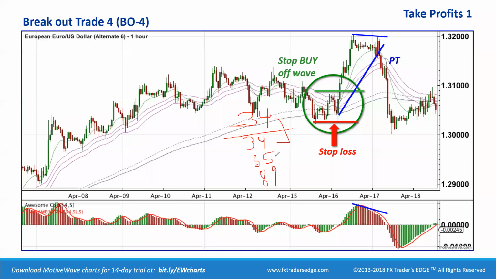And when your 55 pip target is taken, you'll still have a 34 pip stop loss, trailing stop, so it's not going to shift once the 55 pips are taken. It will shift once the market moves to 68 pips. You see? Because that's 34 plus 34 is 68.